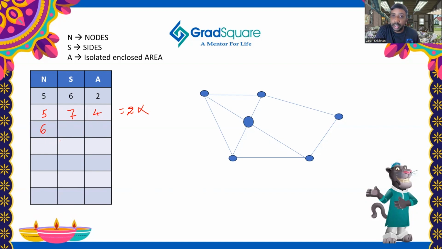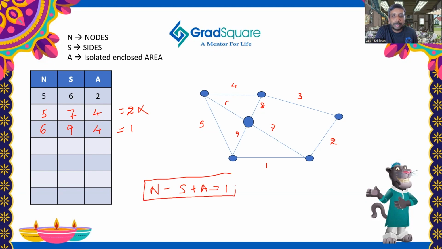But the number of sides is also increasing, because if you count the number of sides, now I have got 1 side, 2 side, 3, 4, 5, 6, 7, 8, 9. So I have 9 sides now, and still I have got 4 isolated enclosed areas. So if I do 6 minus 9 plus 4, this still becomes equal to 1, which means that the theorem n minus s plus a equal to 1 will always hold true.